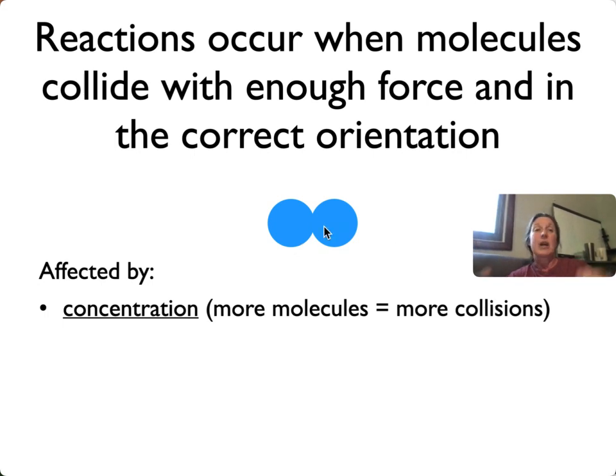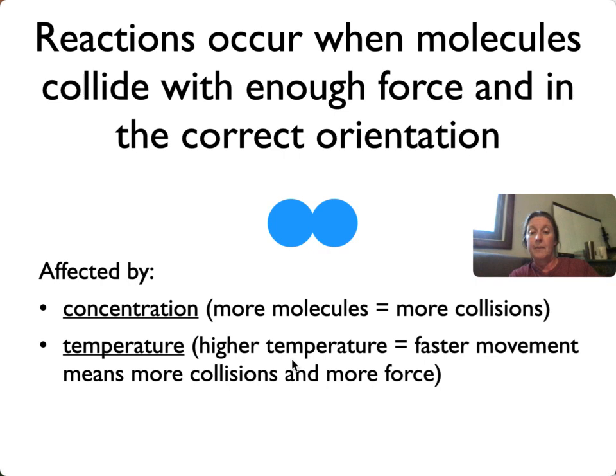In other words, if we only have two molecules in a space, the odds are lower that they will actually run into each other in the right way and at the right speed. But if we have 100 of each of those different molecules in the same space, it's much more likely that two of them are going to collide and form a bond. So the more concentrated something is, the faster the reaction will occur.